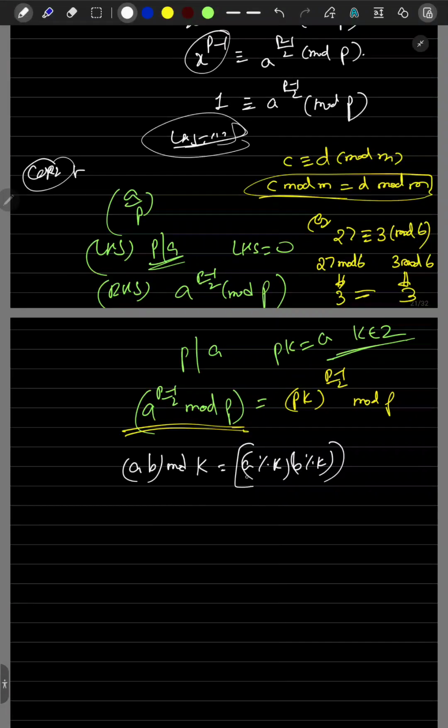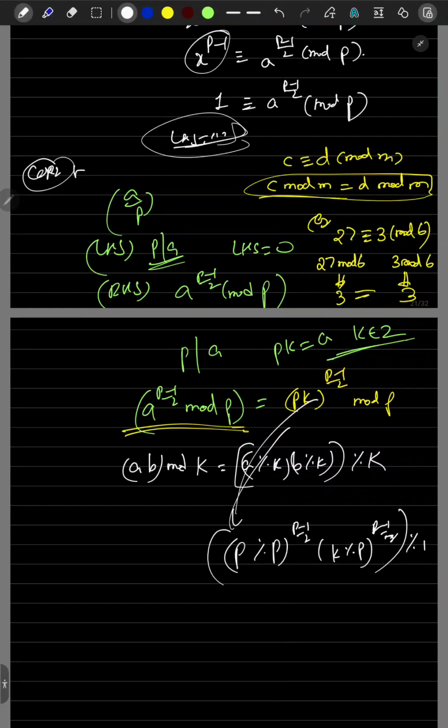This you have to remember; small things make sense. So for this reason I am writing (P mod P)^((P-1)/2) times k^((P-1)/2) mod P.